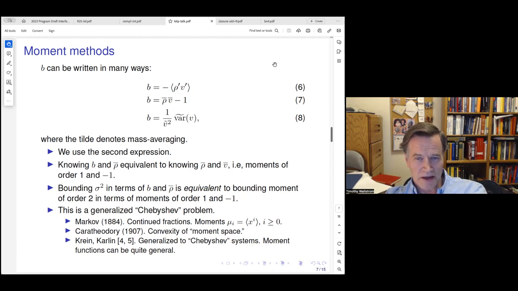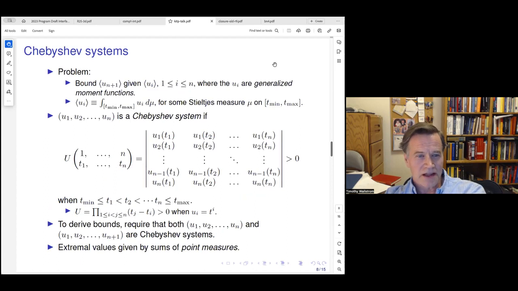So I hesitate putting this slide up because it's a bit complicated.